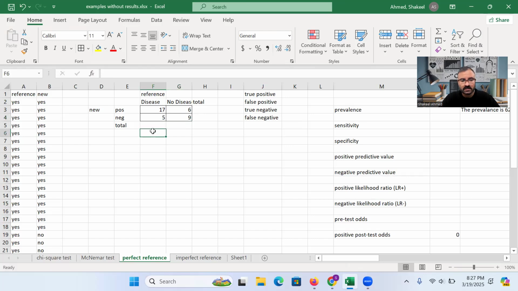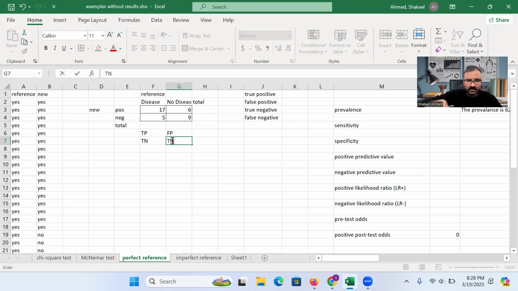So you can just write the first entity as true positive, and false positive, and true negative, sorry, this is true negative and this is false negative.